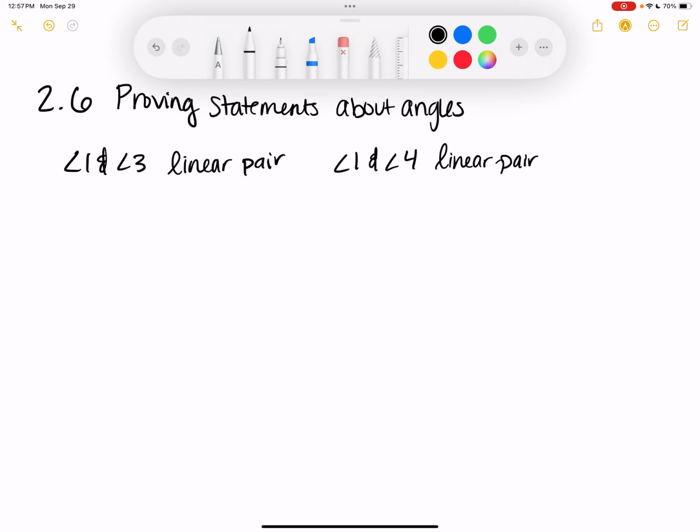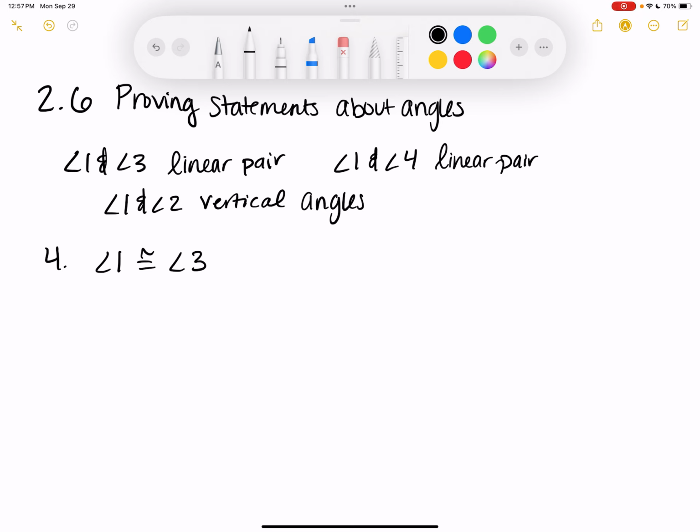And then angle 1 and angle 2 are vertical angles. Is this statement true? Number 4, angle 1 is congruent to angle 3.